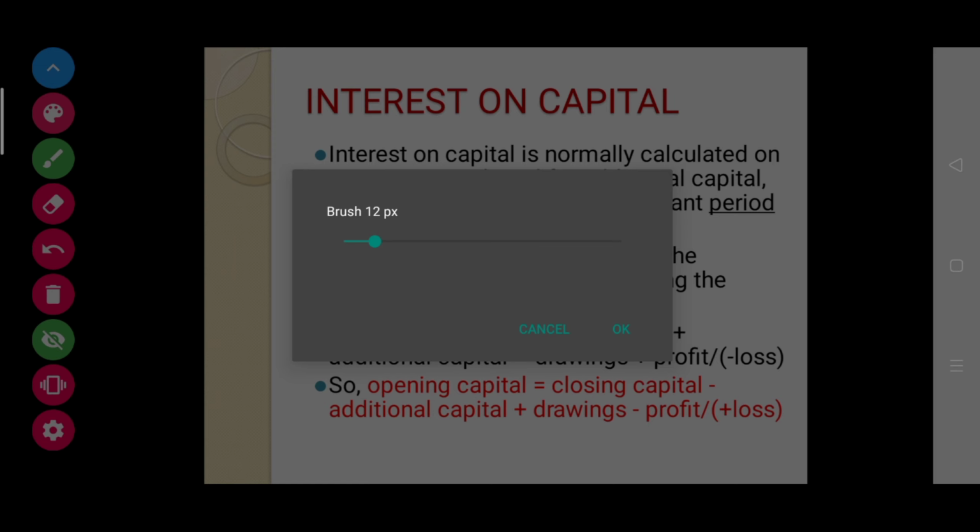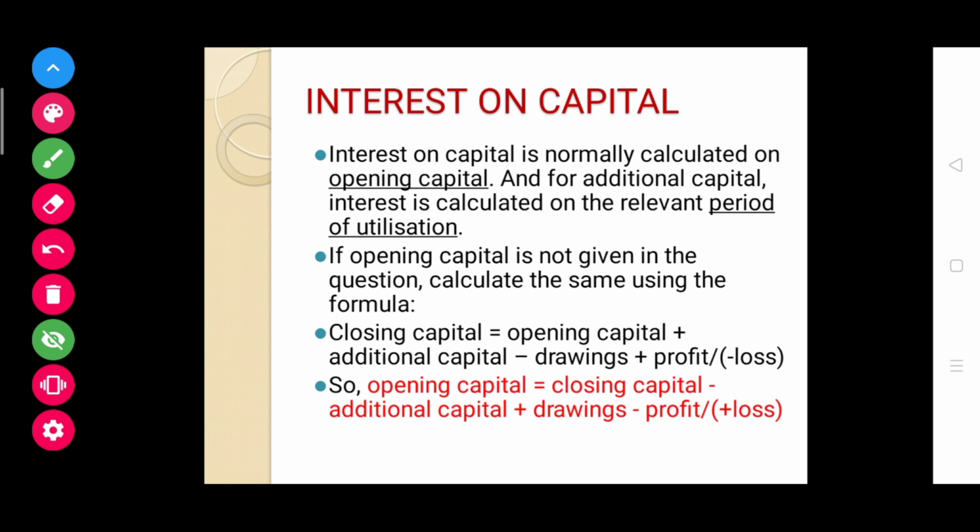I'm sure you all have studied this formula of closing capital in your class 11. How do you find your closing capital? When you add additional capital and profit to the opening capital and you deduct drawings or losses from that opening capital, you will arrive at closing capital.